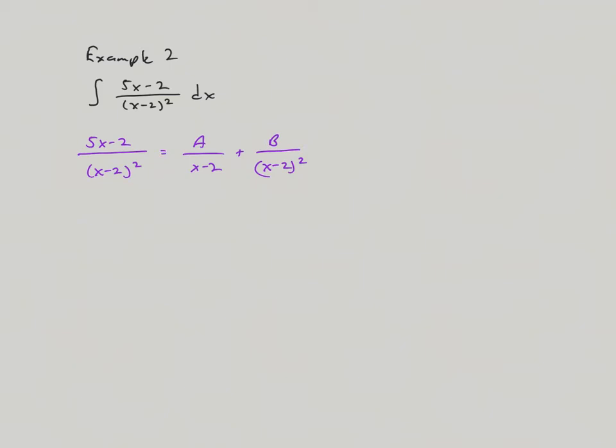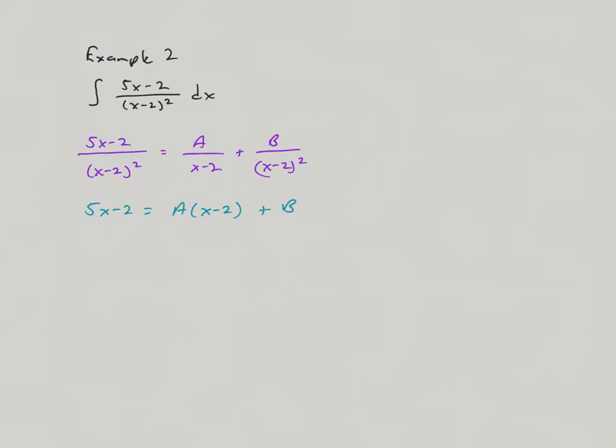The process at this point is the same. We multiply through by our common denominator to get rid of the fractions. In this case, I'll end up with 5x - 2 = A(x - 2) + B. The B will be by itself because it's constant.